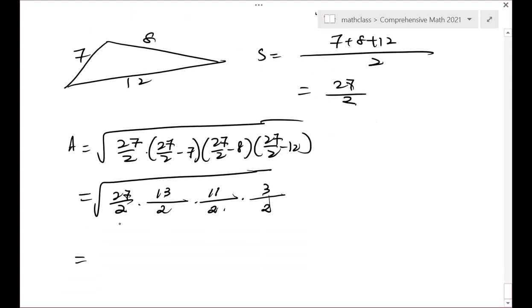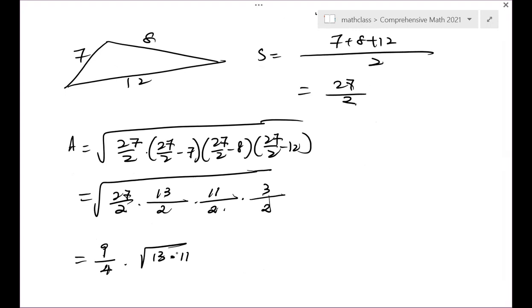So what you can get is 27 times 3 is going to be 9 squared, so it's 9 over 4, and this 13 times 11. So you're not able to get a rational number, you get an irrational number. That's how we solve the problem quickly.